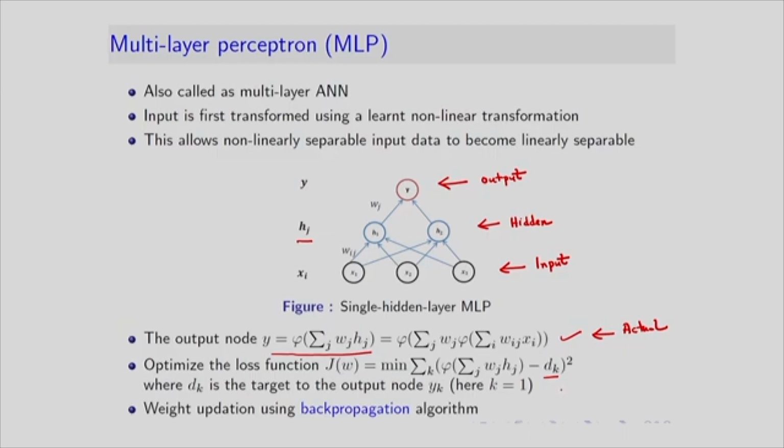So we can consider this loss function. The dk is the target to the output node yk. In this case k is equal to 1, because we are considering only one node in the output layer. So we can consider the backpropagation training for weight updation.